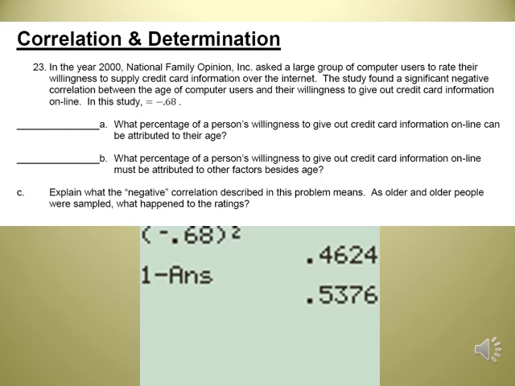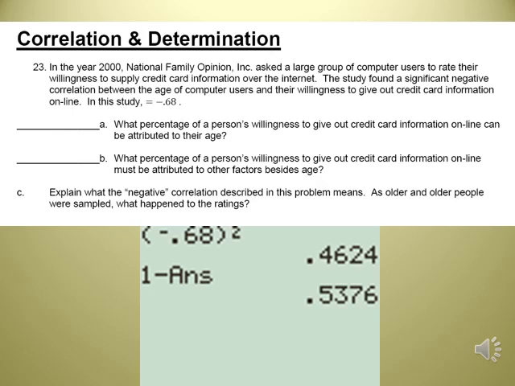And it tells you that they had a value of negative 0.68 for R. And the first question says, what percentage of a person's willingness to give out their credit card information could be attributed to their age? Well, that attributed to is exactly what R squared is, and that's why what I'm going to do here is take negative 0.68 squared.